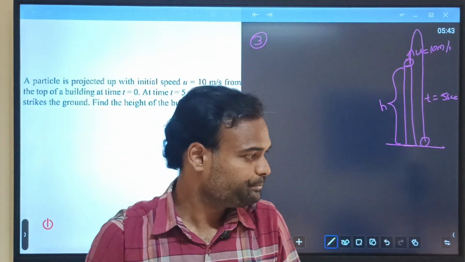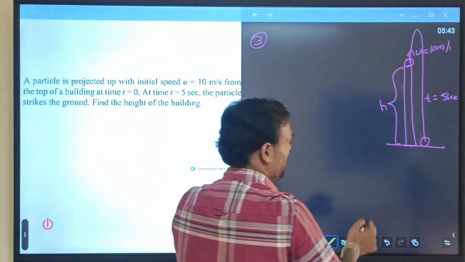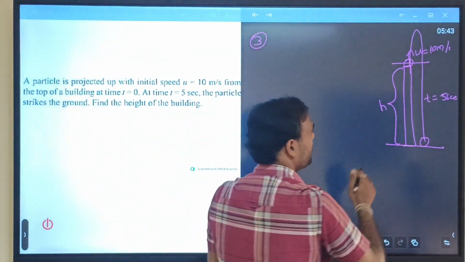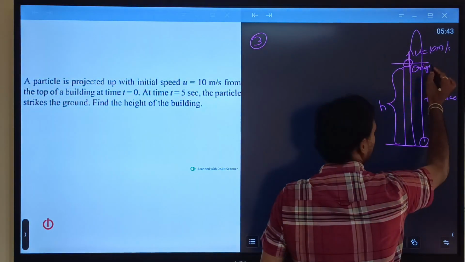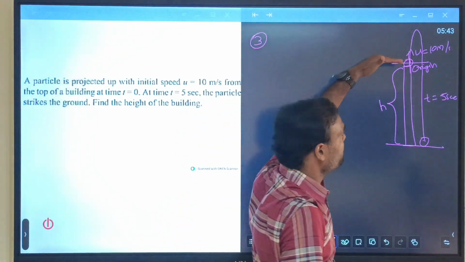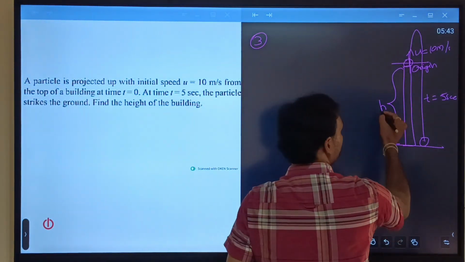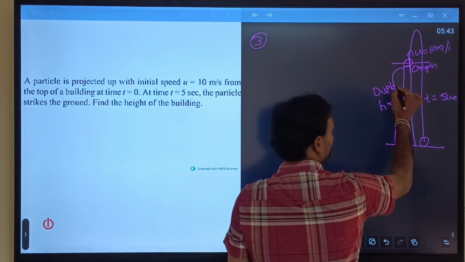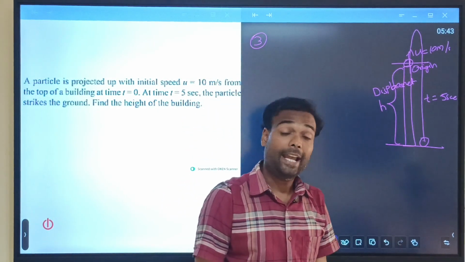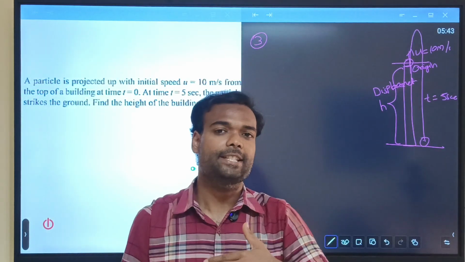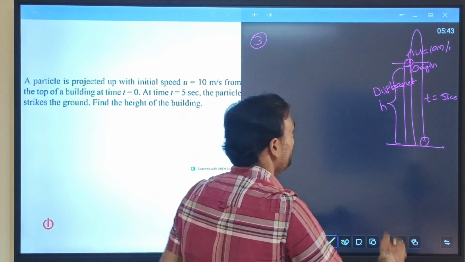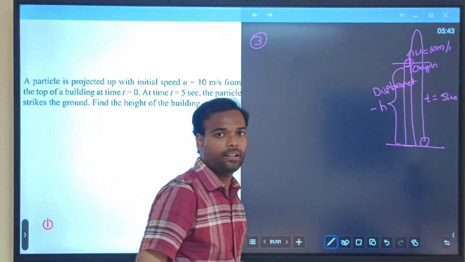Again here, the point from where its journey starts we can consider as the origin, and this is the final location. The separation between the initial location and the final location is the displacement, and the displacement value is h, but it should be minus h, because from the origin to the final location it is in the downward direction, so we have to consider it as minus h, right?